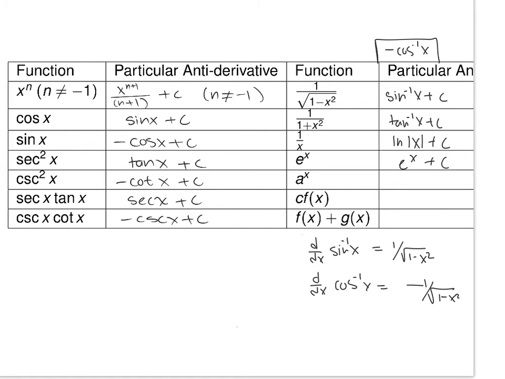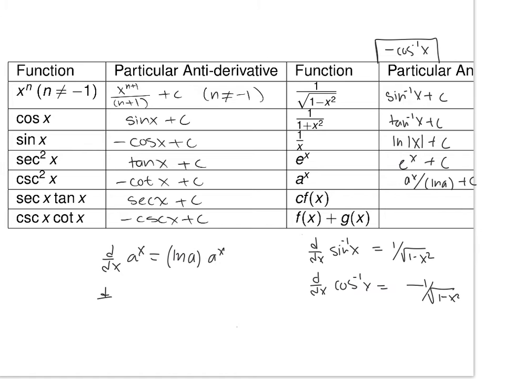Okay, a to the x is a little bit tricky. The derivative of a to the x is what? Ln a times a to the x. So if you antidifferentiate, you have to have a to the x over natural log a. Because then when you take the derivative of your answer, the natural logs of a will cancel.